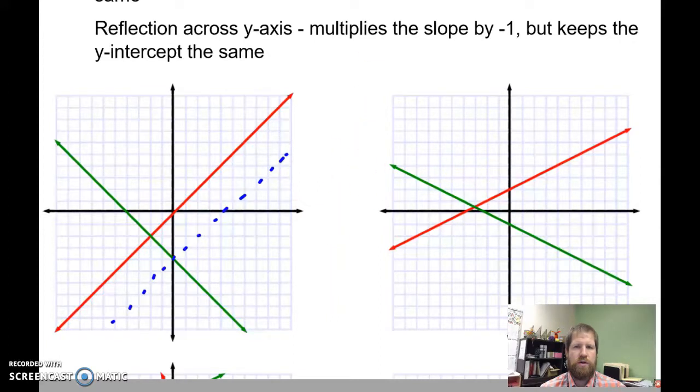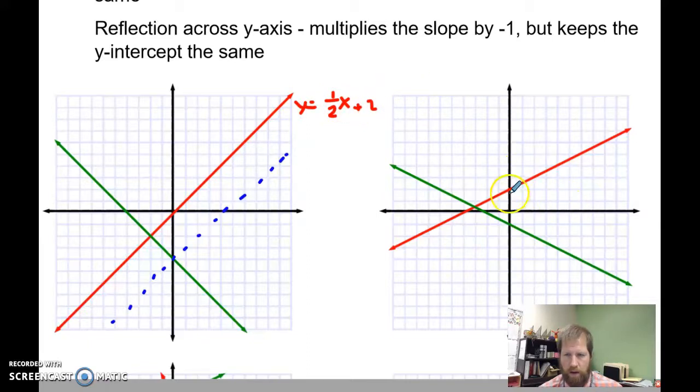Here is our original line, and it always helps to start off with your original line. Our original line has +2 for the y-intercept, and the slope is up 1 over 2. So y equals 1/2 x plus 2.